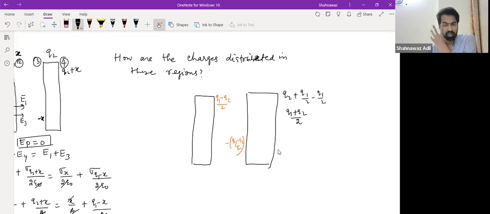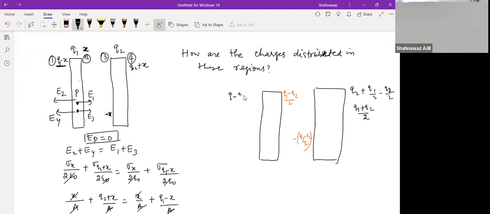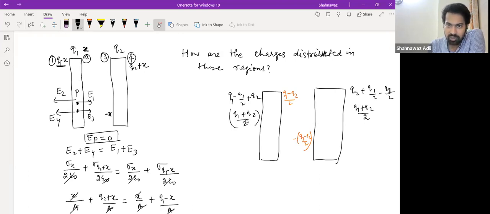Okay. And this would be how much? So this is Q1 minus X, so Q1 minus of Q1 by 2 plus Q2 by 2. So this would again be Q1 plus Q2 by 2. So now this is correct: Q1 plus Q2 by 2, Q1 minus Q2 by 2, minus this one and this one.